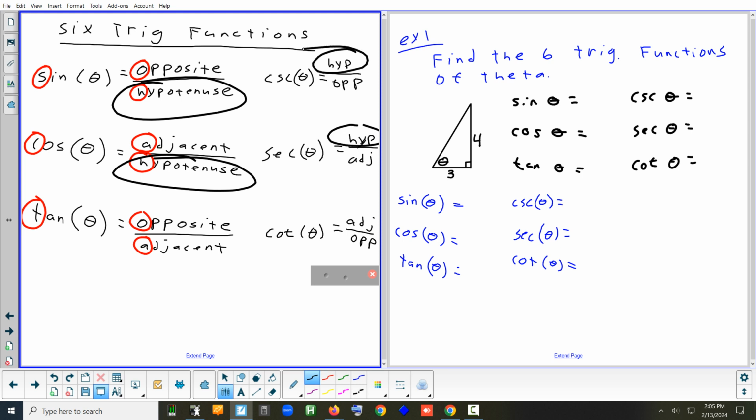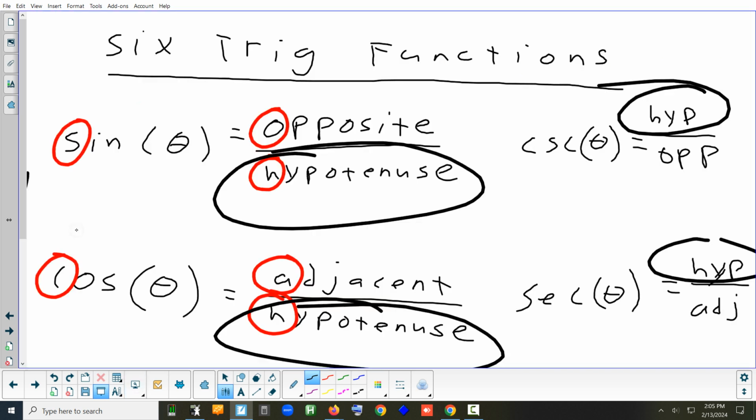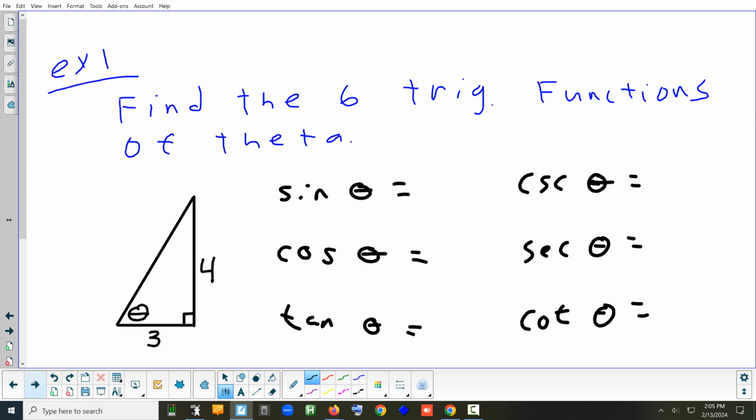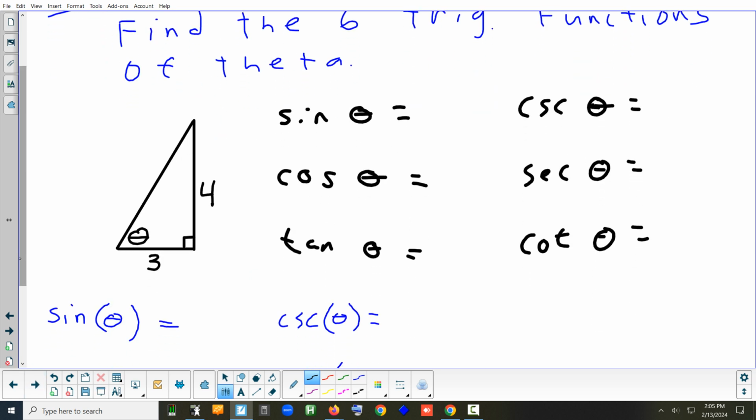I can do tangent and cotangent with what I know, but I'm missing the hypotenuse. How am I going to get the hypotenuse in that triangle? Pythagorean theorem. So we can just call that c for now. What equation would I set up? a squared plus b squared equals c squared.